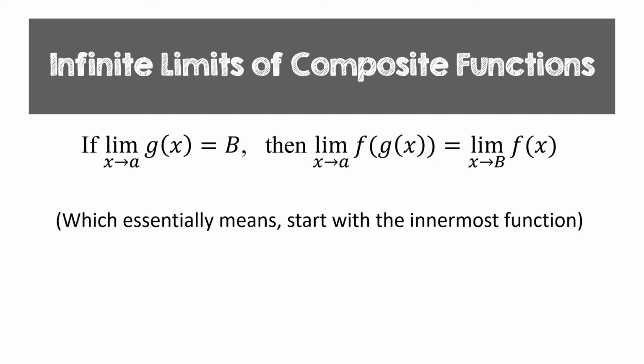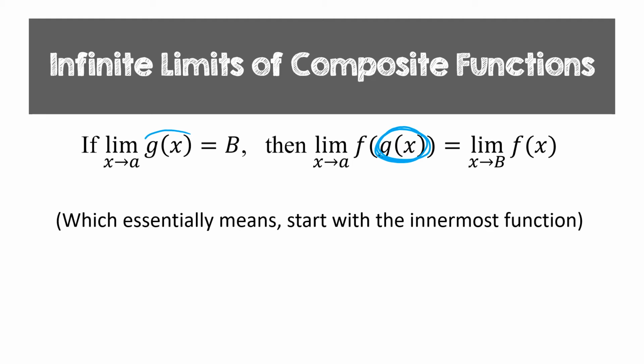Infinite limits of composite functions can be a little bit tricky sometimes. So let's look at this middle piece of this first. So we have the limit as x approaches a of f of g of x. And the innermost function there is this g of x.